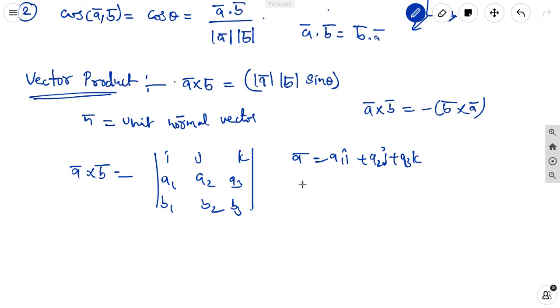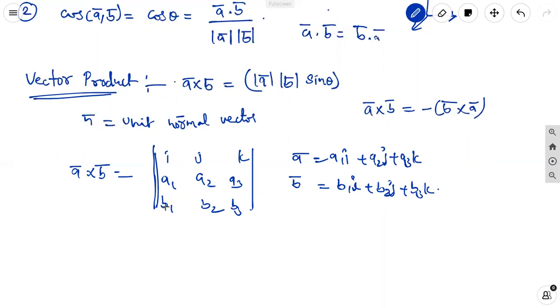Here I, J, K are the unit vectors along x-axis, y-axis, z-axis. And B vector is B1I plus B2J plus B3K. From this, the cross product between two vectors means we take the determinant of the unit vectors and components of I, J, K for A vector and B vector.